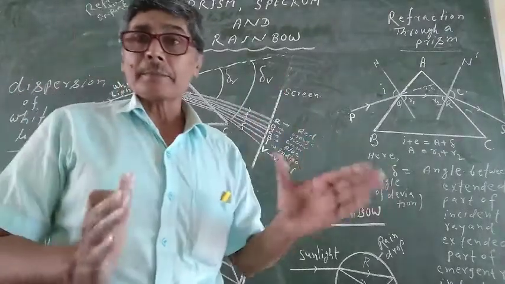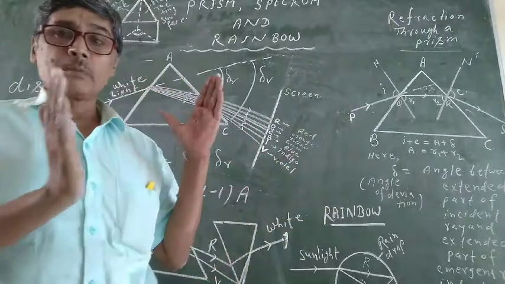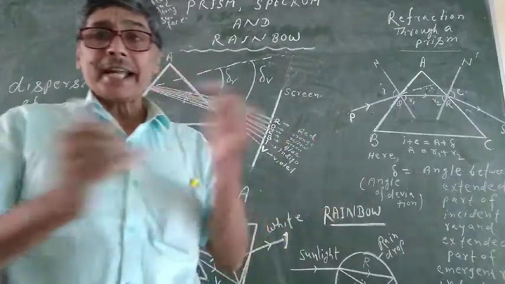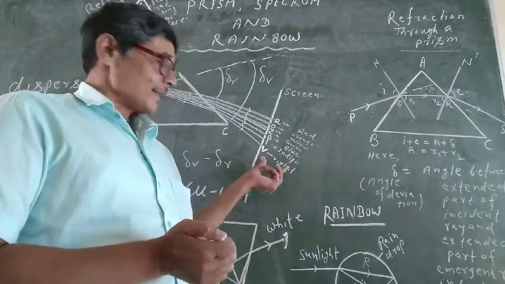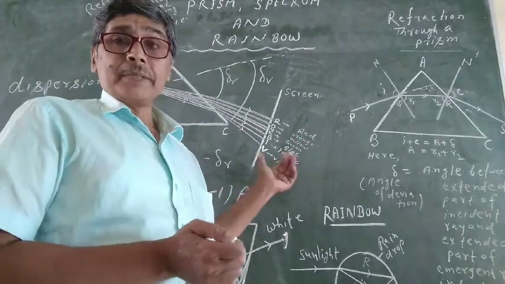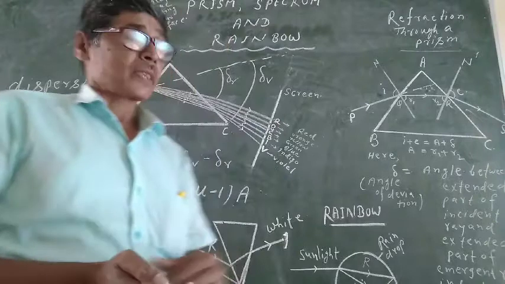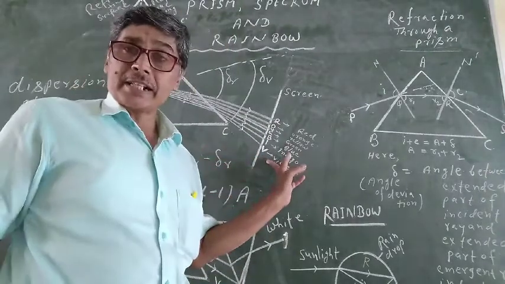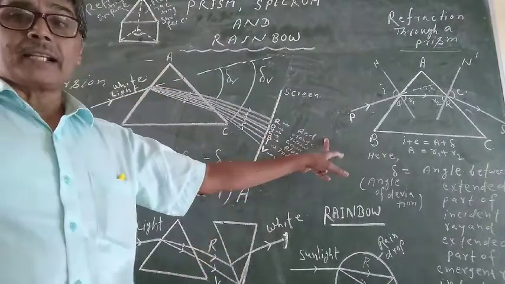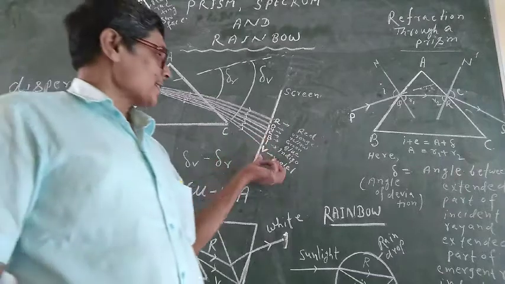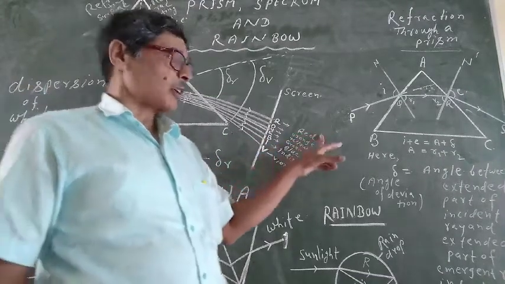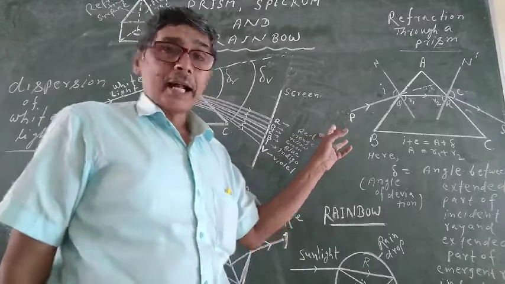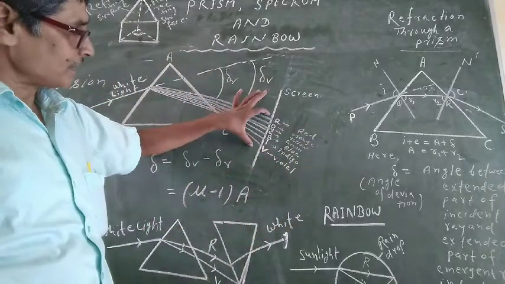The color having more wavelength deviates least from its path and the color having least wavelength deviates most. So violet deviates most and red deviates least, and the other colors lie between these two.